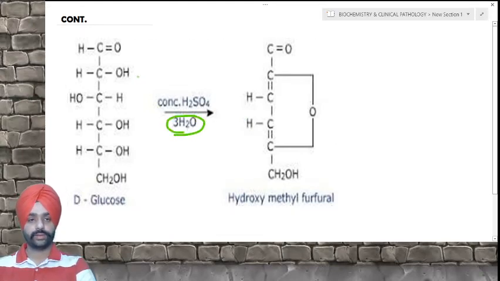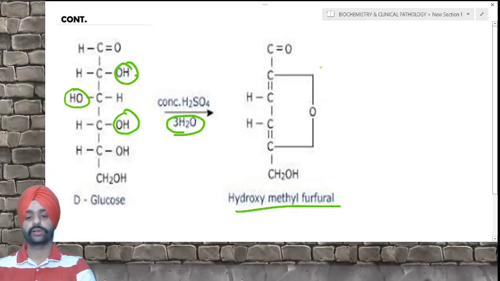From where we can see this and this one. These are lost and thus formation of hydroxymethyl furfural occurs.